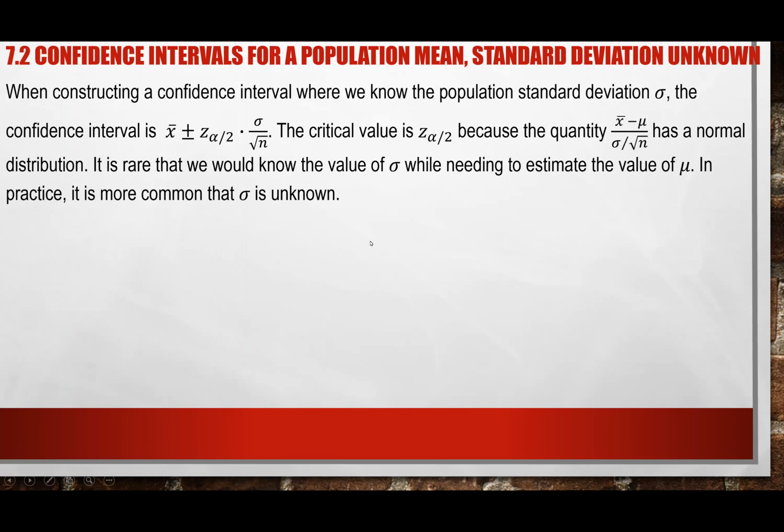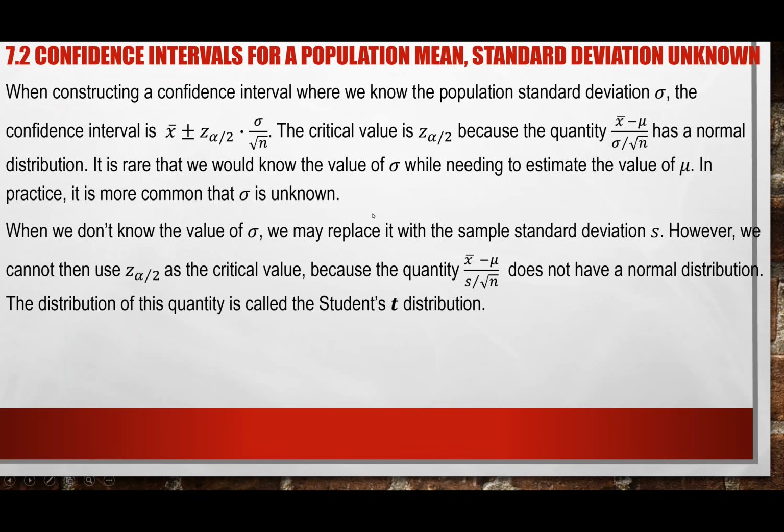But realistically, when we do this in the real world, we most likely won't have the population standard deviation. And if we can only access our sample standard deviation, what can we do?